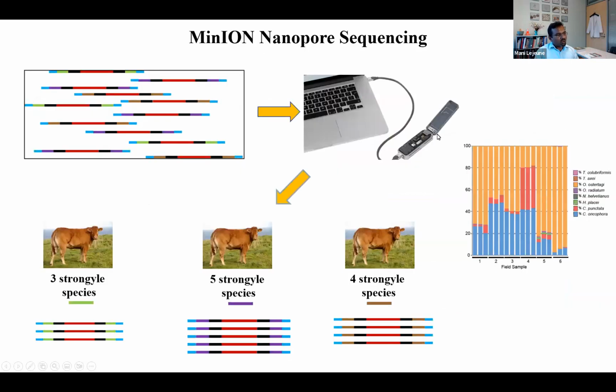And then we have a cool sequencer, which can be attached to your workstation or to a laptop. You put all these amplicons into the sequencer, and the sequencer does the sequencing, reads the barcode, and based on the barcode, segregates all the markers or amplicons accordingly.